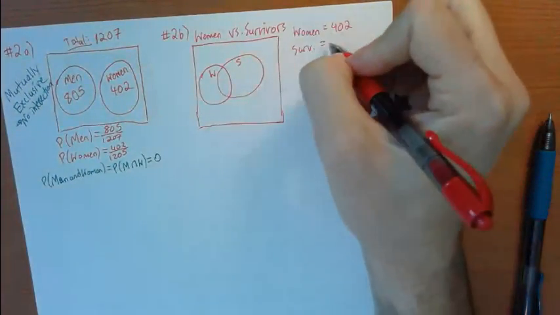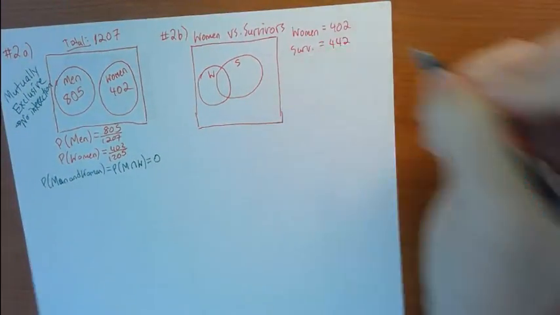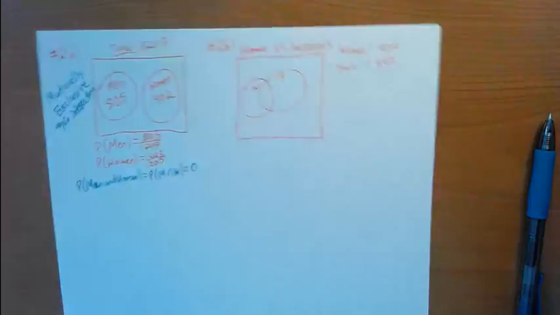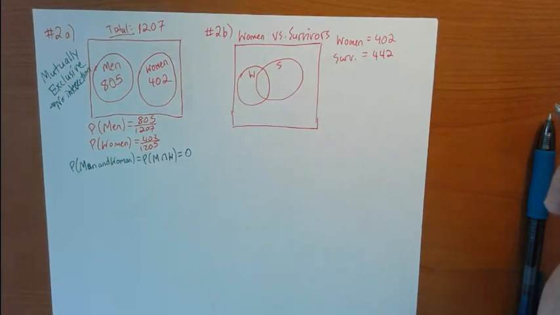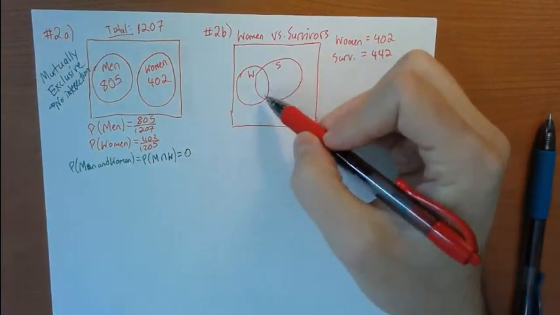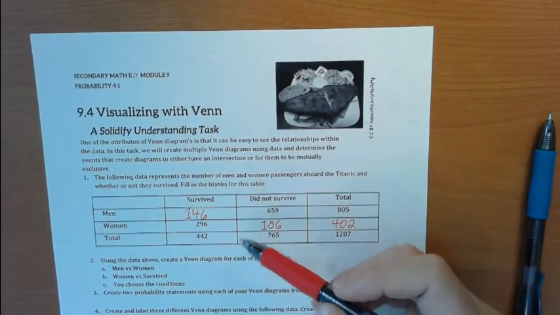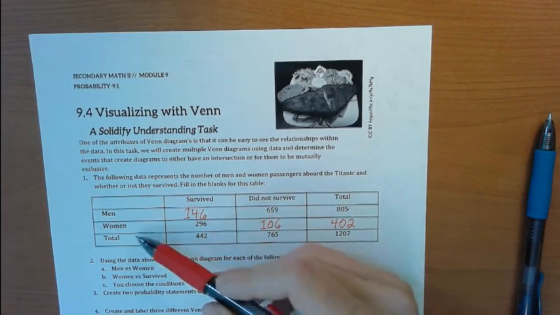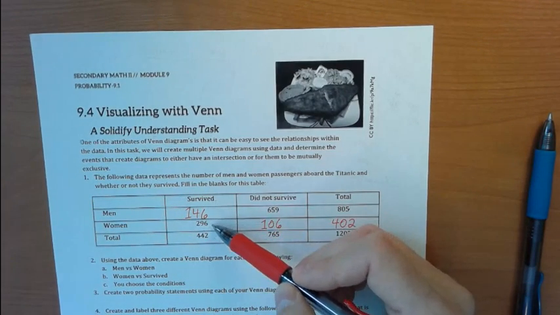And we also need how many women survivors, what the intersection of that was going to be. So on a two-way table, it's easy to see. They intersect women and survived 296 people.